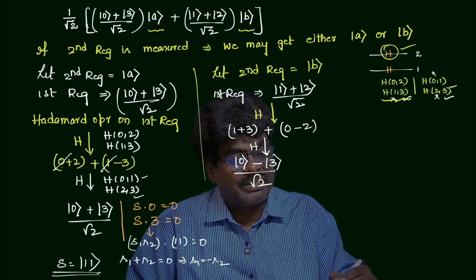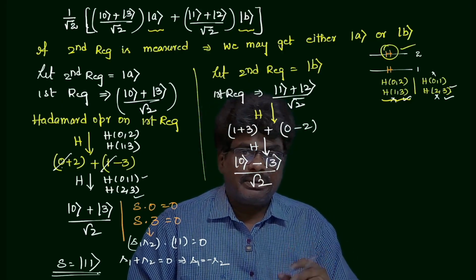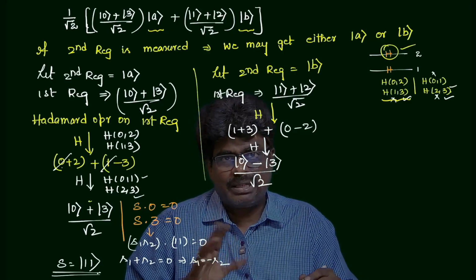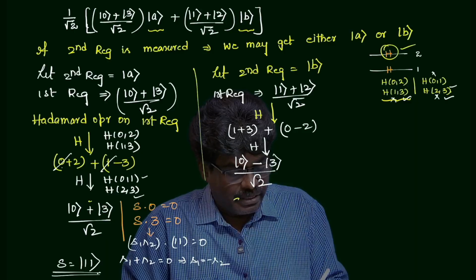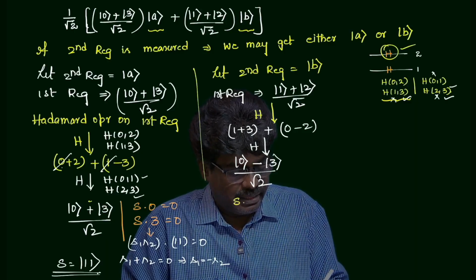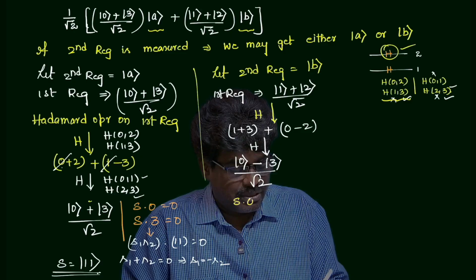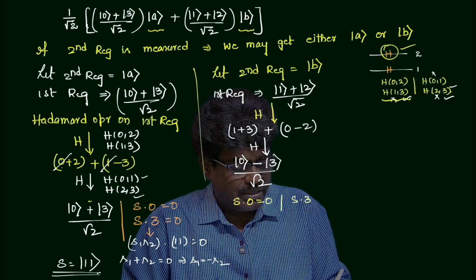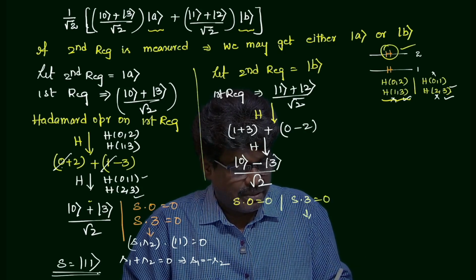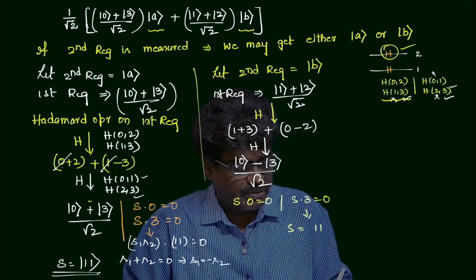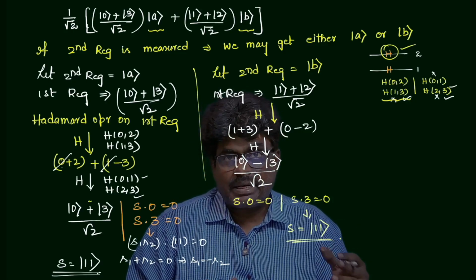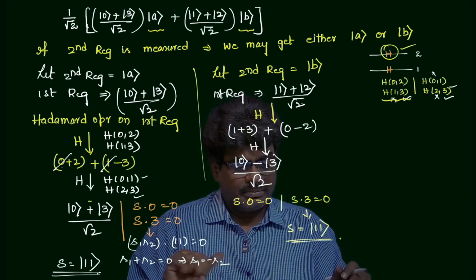So here also you get the same answer. Here if you observe carefully, plus we have, minus we have, that does not matter. So we will get linearly independent equations, that means s dot 0 equal to 0 and s dot 3 equal to 0, and again this will give you s equal to 1 1. That's it. Let us take one more example.